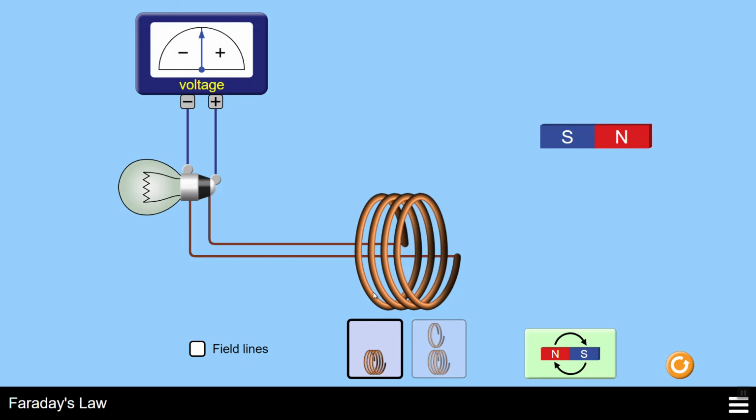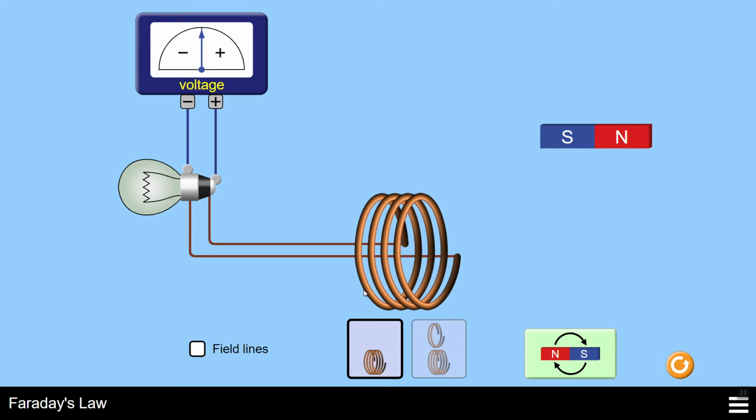Both ends are connected to the bulb, and the bulb itself is connected to the voltage meter. So here we have one being the magnet, two being the voltage meter, three being the bulb, and the fourth being the copper coil.